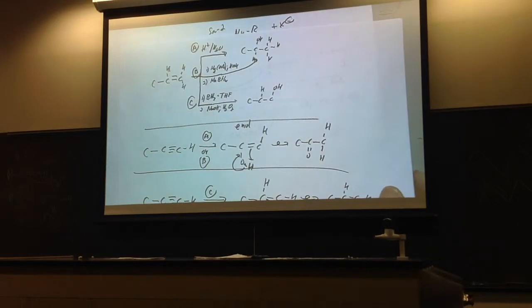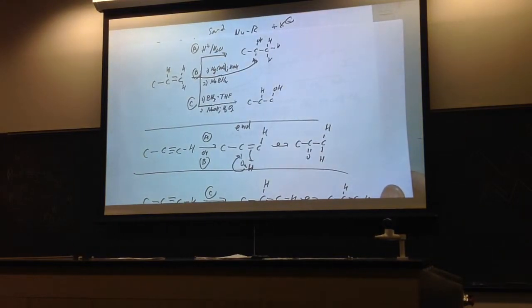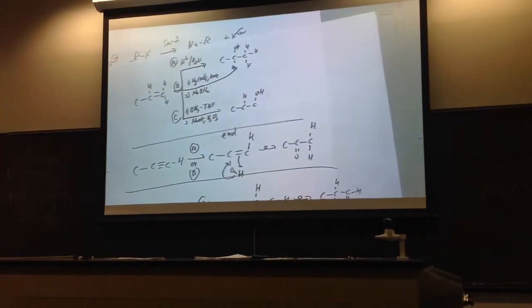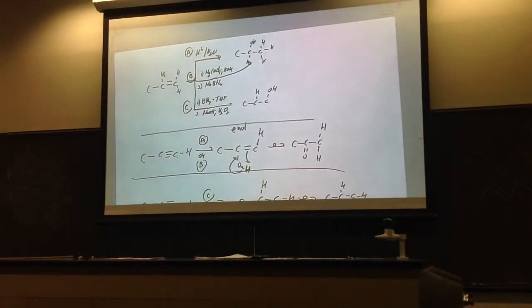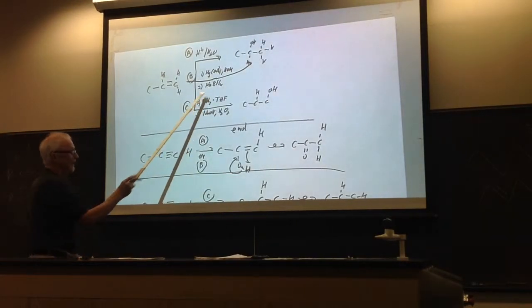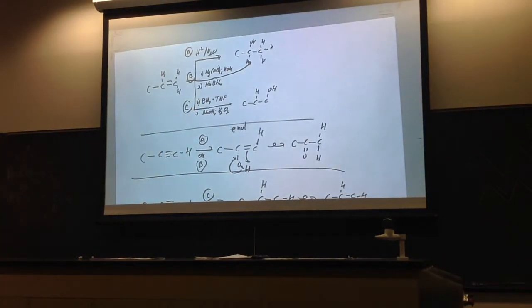See this reaction with mercuric acetate and water, followed by sodium borohydride? That is back in chapter 9, I guess. Yeah, that's in chapter 9.